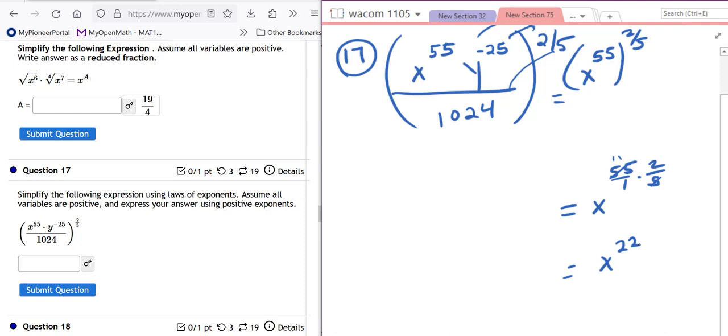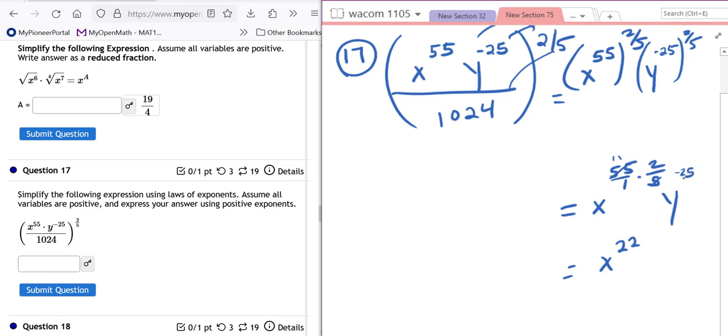All right. Then let's do the y. It's okay that that's negative. I can work with it there, or I could have moved it, either one. Let's just leave it there for a minute. So negative 25, and that will be to the 2/5, which will also be a multiplication.